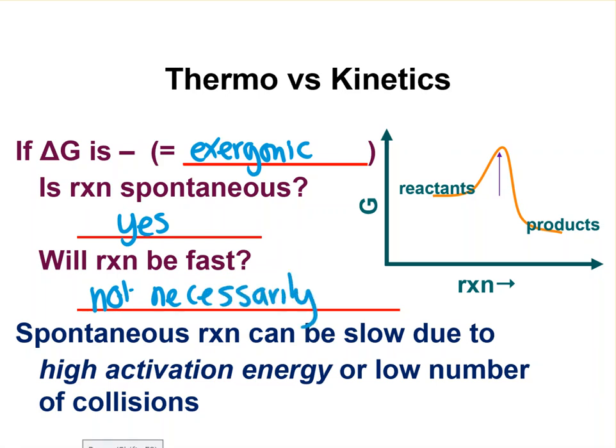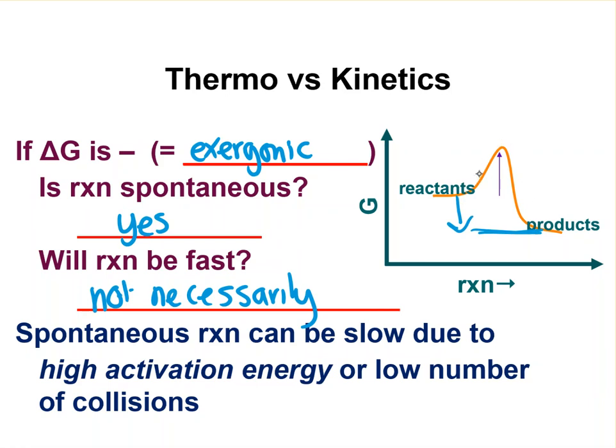The reason that it's not necessarily fast is that for a chemical reaction to occur, the reactants usually need an activation energy to go through a transition state that is not very stable. So even though the net change in Gibbs free energy may be negative, they have to first go through an unstable state.